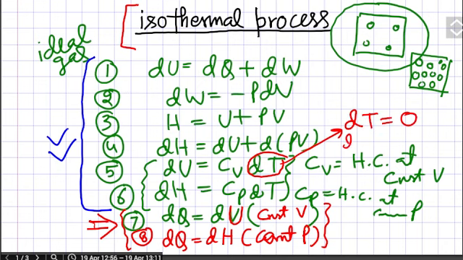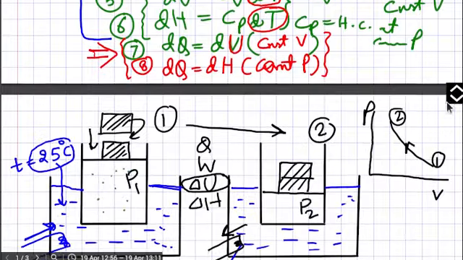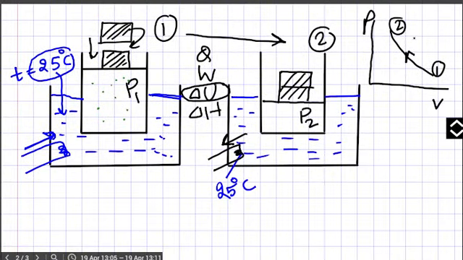So you can say that dU is equal to 0, and if you integrate it, you will find that it is 0. And the same thing is true for enthalpy also. This is 0, so dH is equal to 0 and change in enthalpy is 0. So for this process, dU is equal to 0 and dH is equal to 0. Two results we have got.